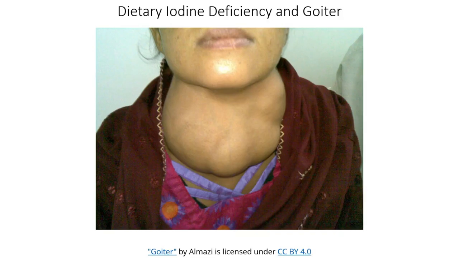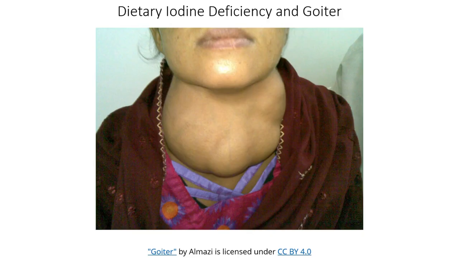And that can lead to something called a goiter. And so this is an abnormal growth of the thyroid gland tissue because it is overproducing and getting so overstimulated by that thyroid stimulating hormone in an attempt to get those T3 and T4 levels up. It is really causing that tissue to overgrow.